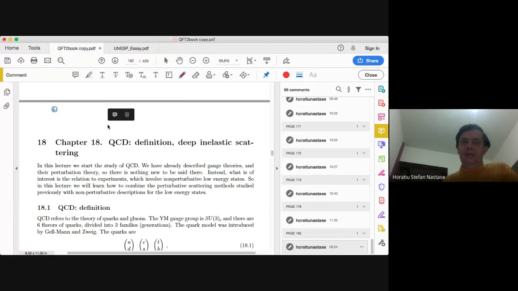So we'll define what QCD is, and then talk about deep inelastic scattering, which is the most important experimental application.